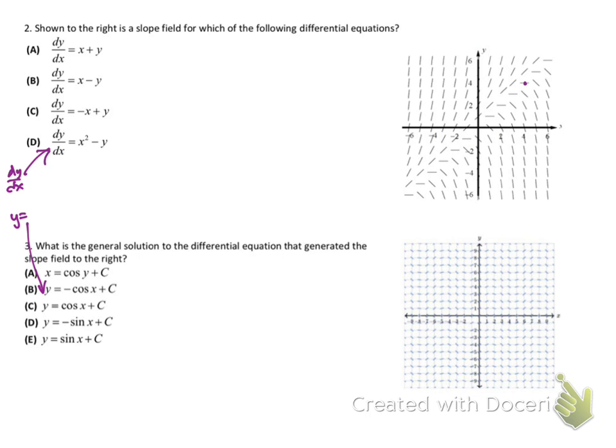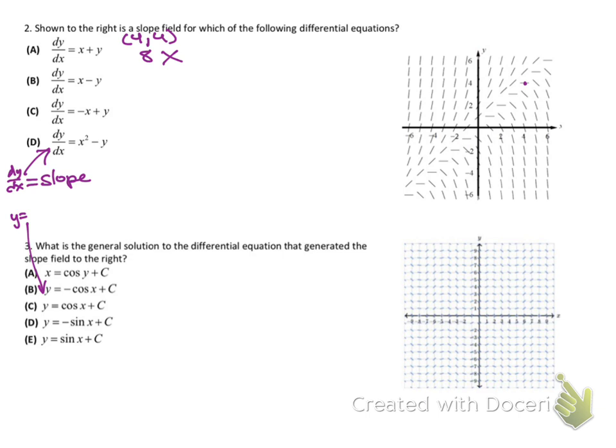So I'm going to choose a few points, see which ones have a derivative equal to 0, because the dy dx means the slope. So I'm going to start with 4, 4. And if I plug 4, 4 into x and y for A, I get 8. And I know that looking at that point right there, I do not have a slope of 8. I have a slope of 0. So I can automatically eliminate A.